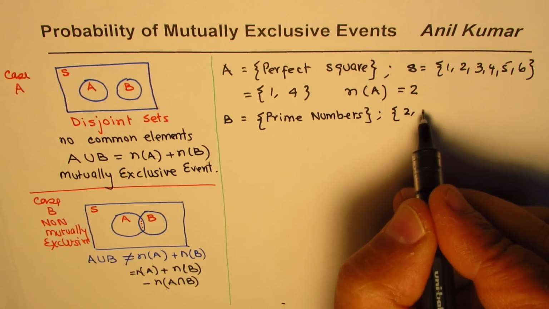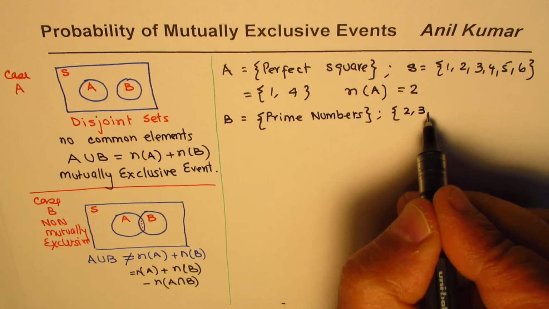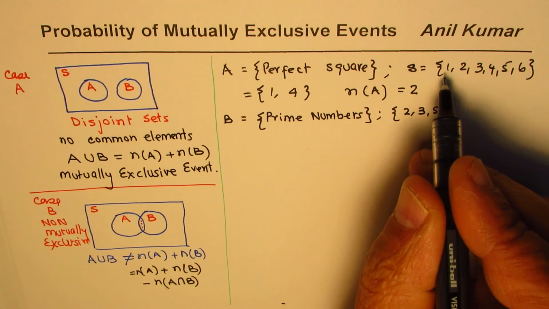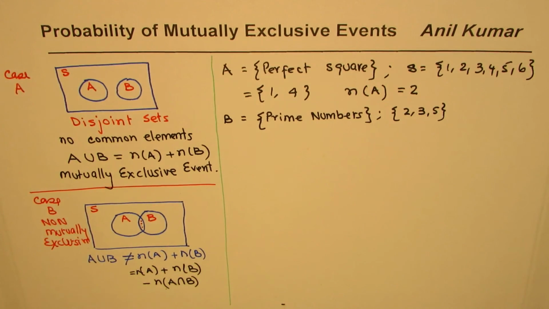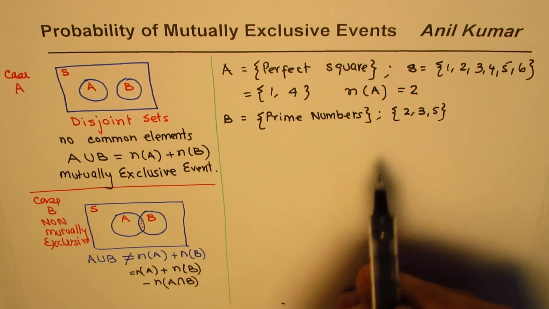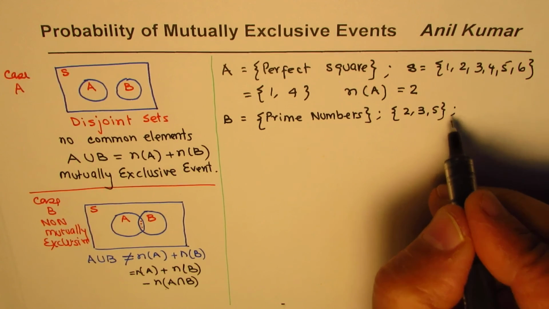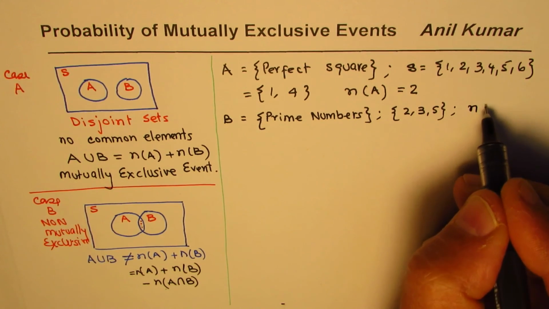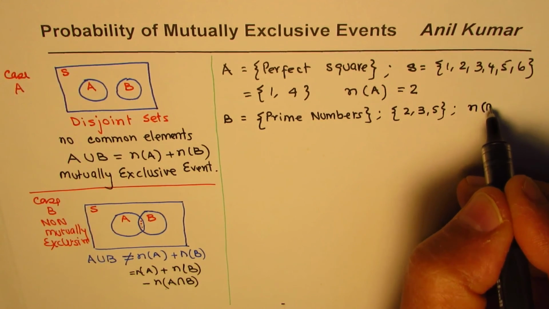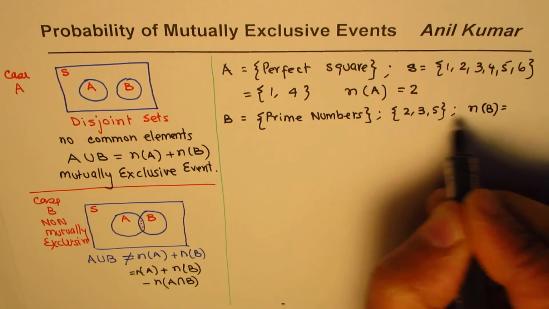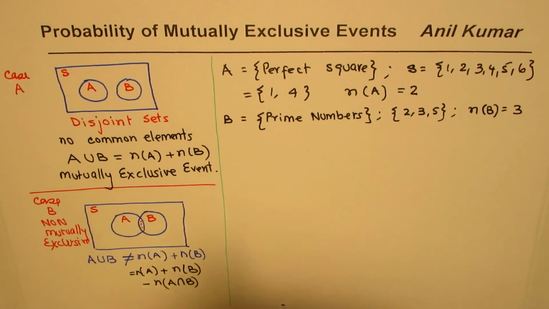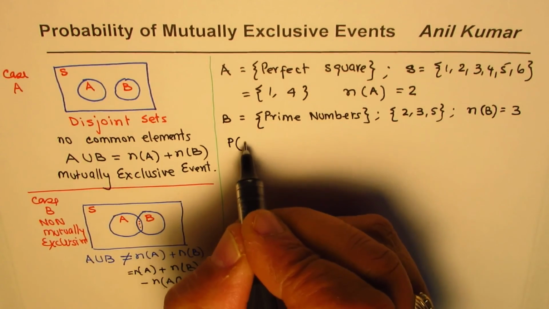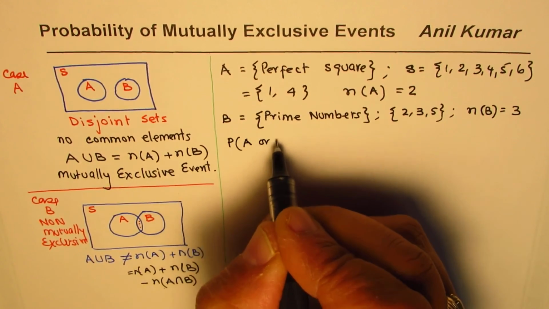Can you tell me why 1 is not included? 1 has only one factor, not 2. 2, 3, and 5 all have 2 factors, 1 and the number itself. So those are the prime numbers. And so the number of elements in the event B, let me say n of B, is actually 3. Do you see that? Now the question is, find the probability of A or B.